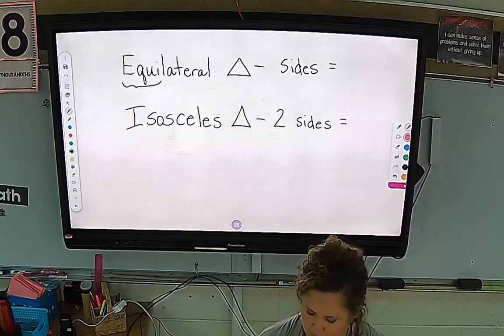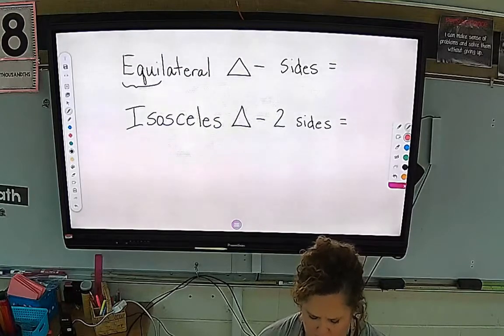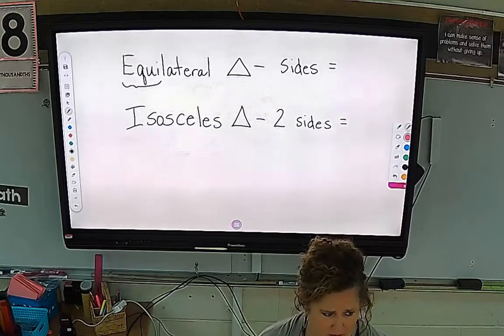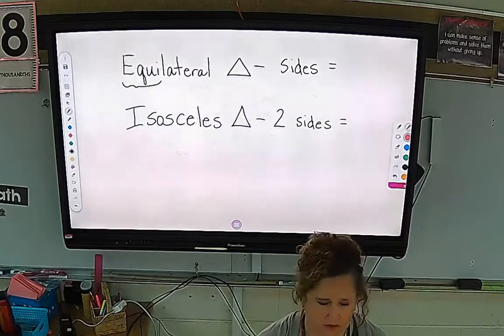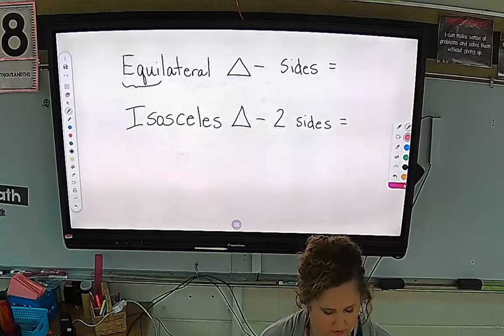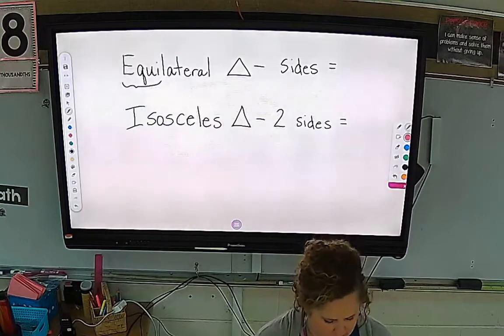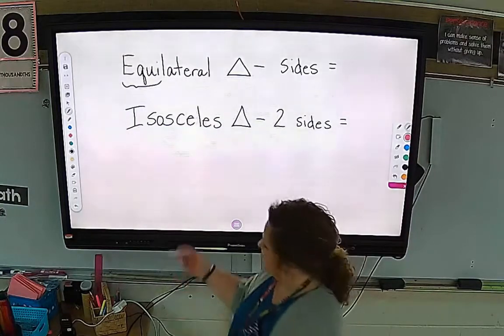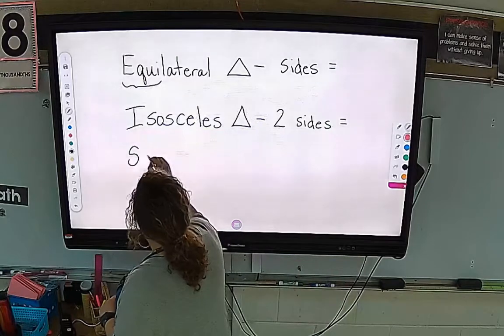These sides were different. Did anybody measure C? I was trying to make sure we had all started in different spots, but I'm not sure if anybody got to C. When I look at C, the sides are all different.